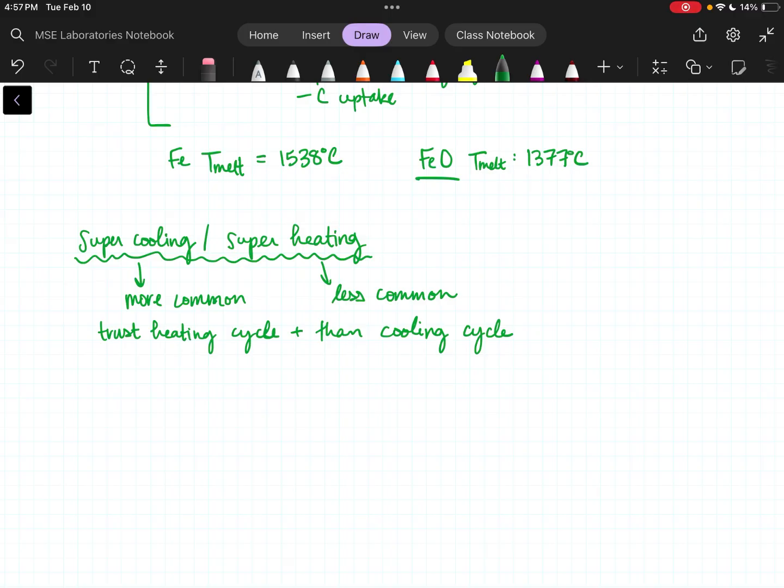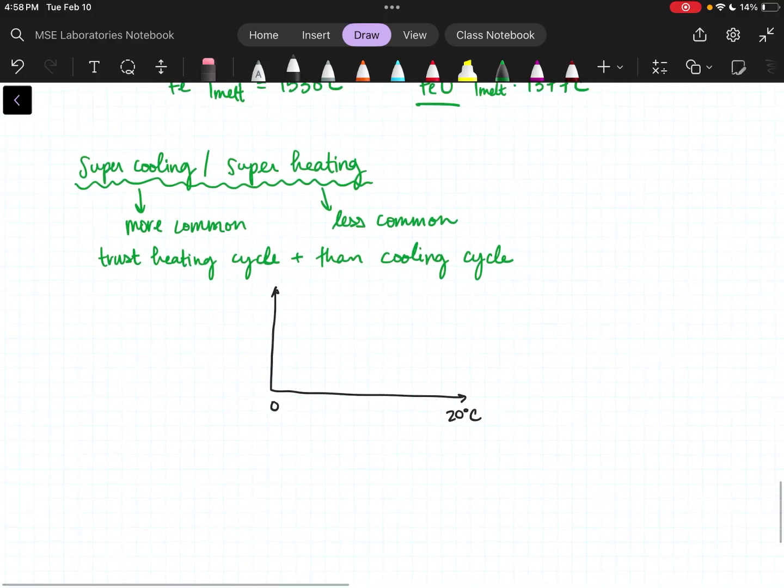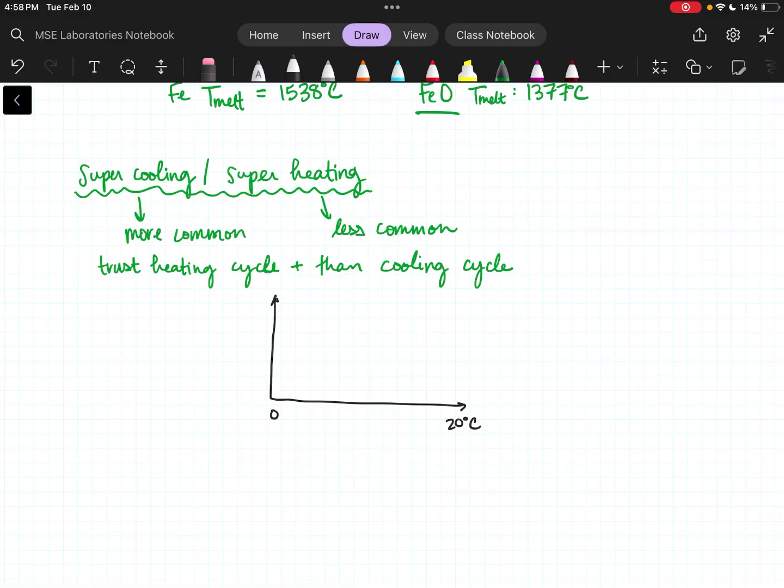What that means is if I am interested in studying the melting temperature of a material from 0 degrees to 20 degrees Celsius, this is room temperature here. When I put the material in, it's likely that I'm going to start here at 20 degrees Celsius.